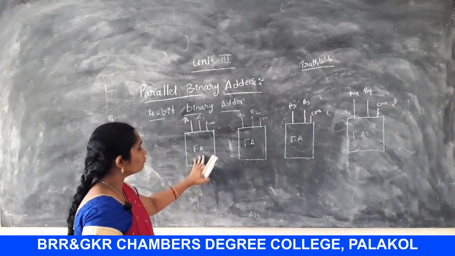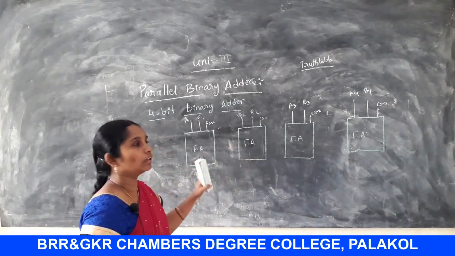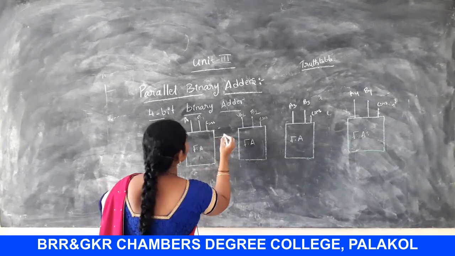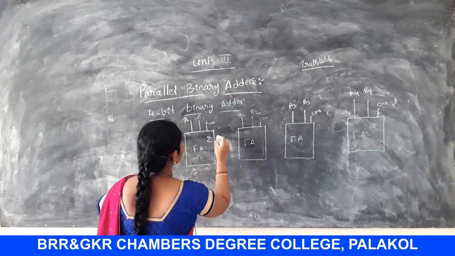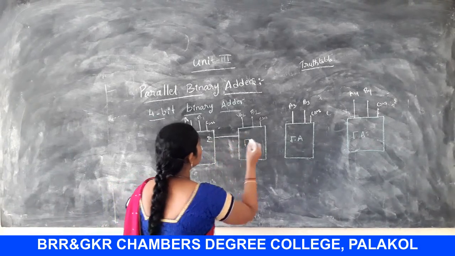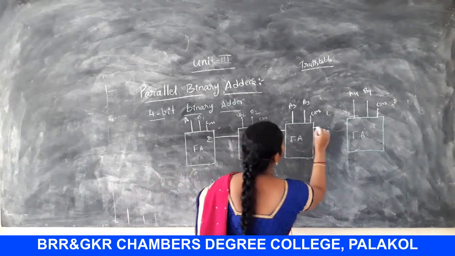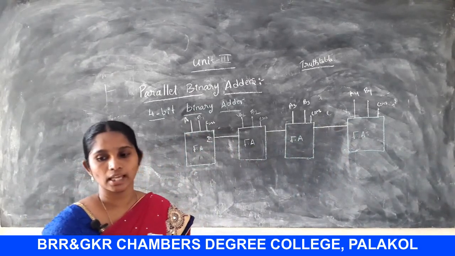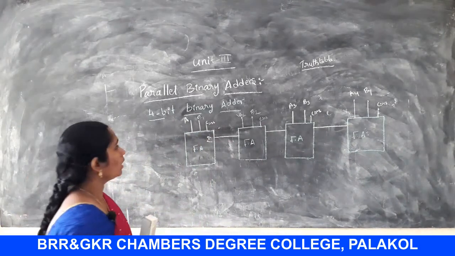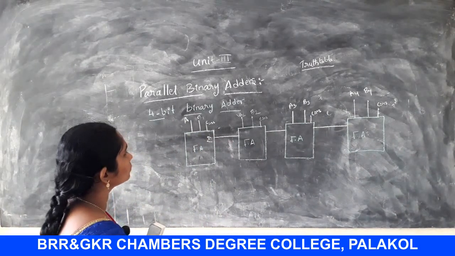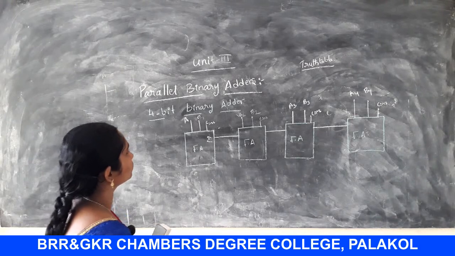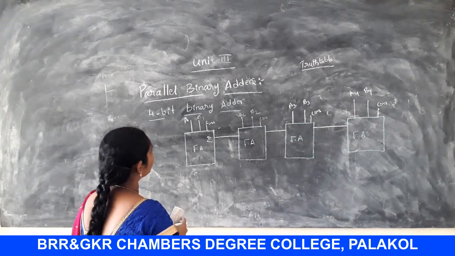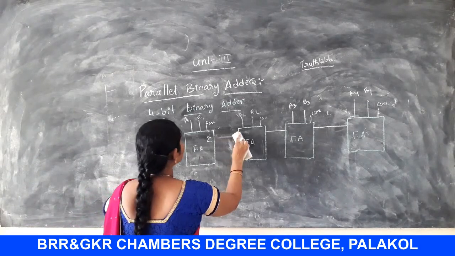Every full adder produces the sum and carry. So here it will produce the sum. This sum is connected to this, this sum is connected to this, and this sum is also connected to this. Sorry for this.